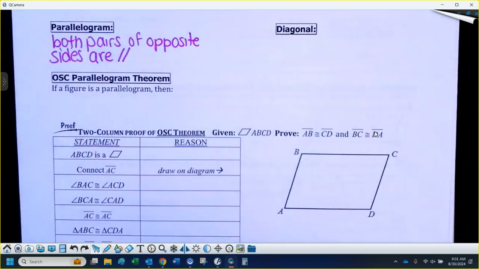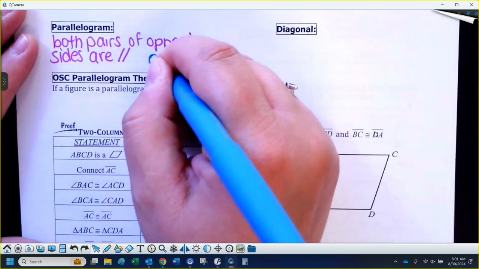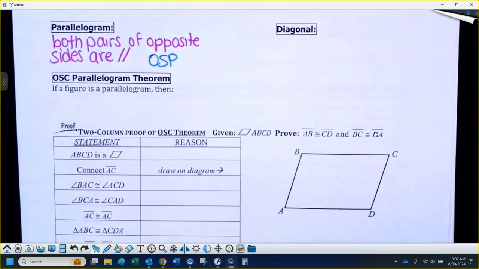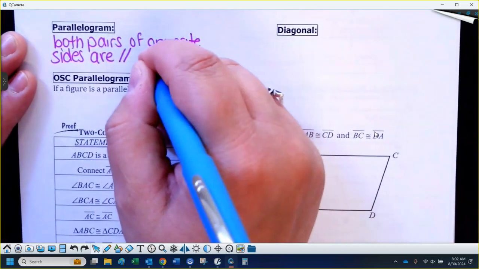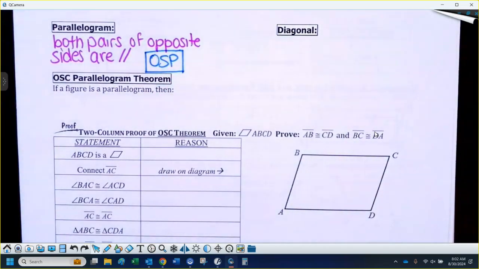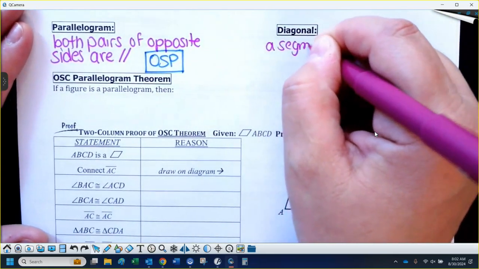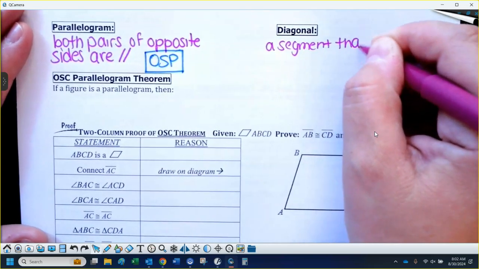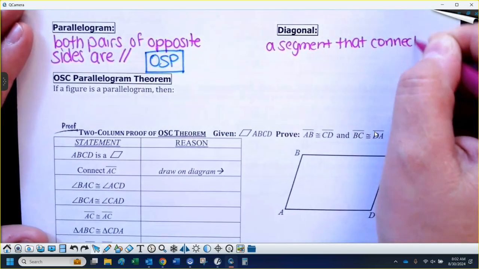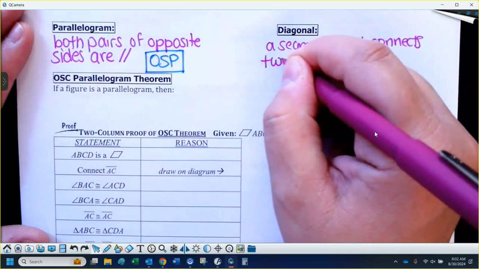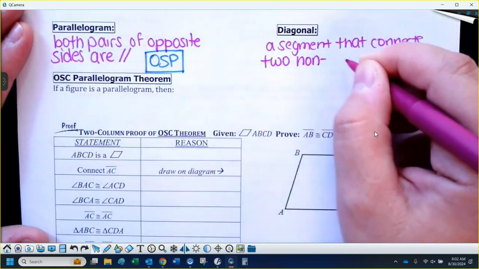Okay, so if you want to use any of these abbreviations, I call this OSP for opposite sides parallel. That's the actual definition. I will start to write these on the board so you guys can have a visual for what these mean. Now, diagonal, I know we just mentioned that in the diagram above, but this is a segment that connects two non-consecutive vertices.